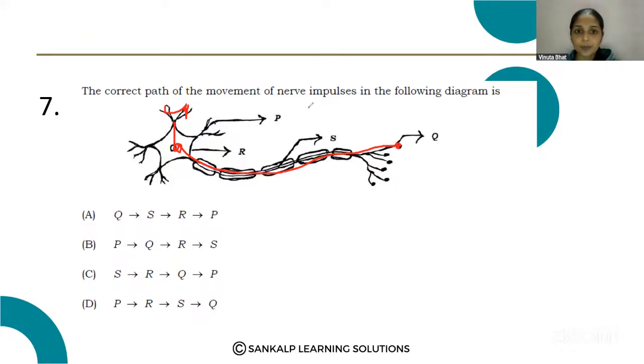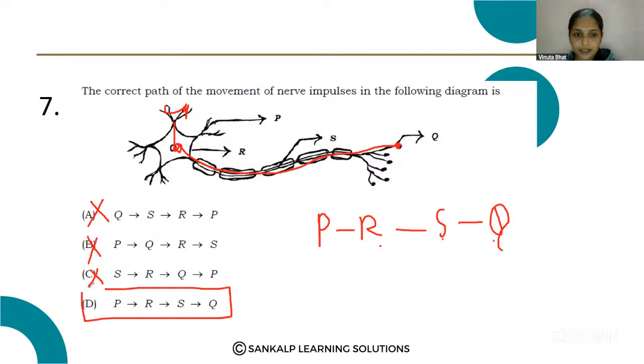Here P represents the dendrites, R represents the cell body, then S is the axon, then it reaches the nerve ending Q. So the path is PRSQ. Option A is wrong, option C is also wrong, PQRS is wrong. The correct option is PRSQ. Option D is the correct answer.